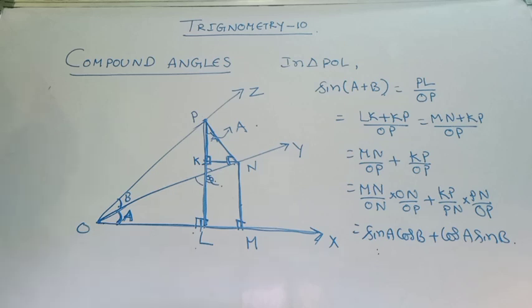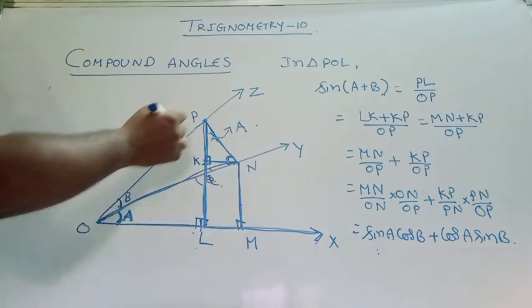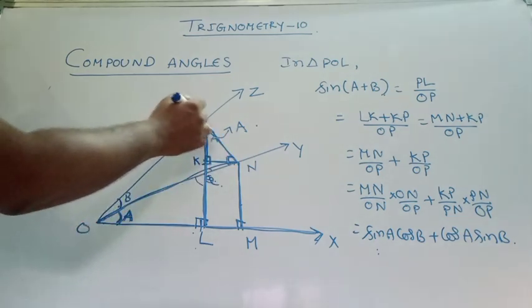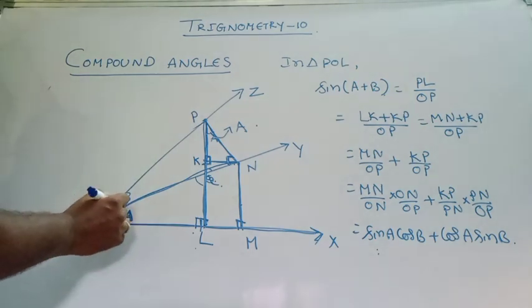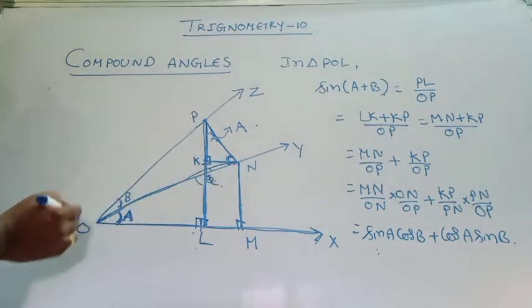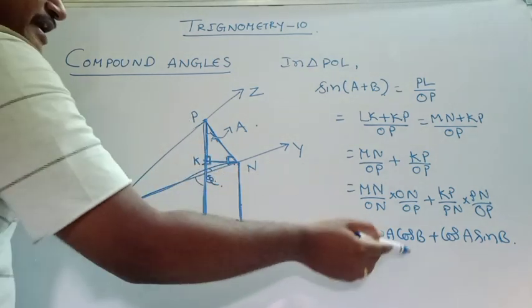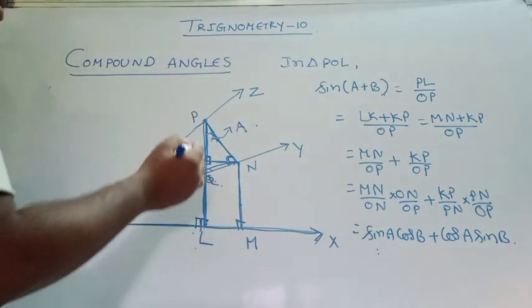Here you see what you are having, ON is this, by OP. This is the adjacent side for this triangle POQ, and the angle is B. Therefore, ON by OP will give you adjacent side by hypotenuse. That will give you cos B, like this. Wonderful. Next, plus KP by PN. Here you see KP.